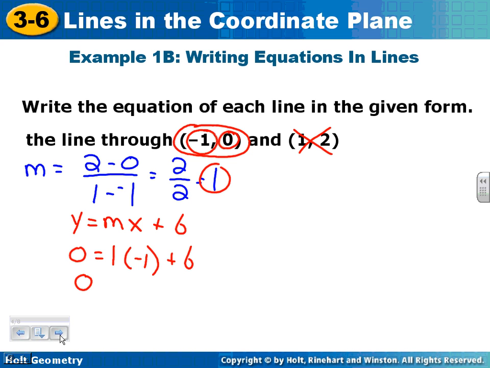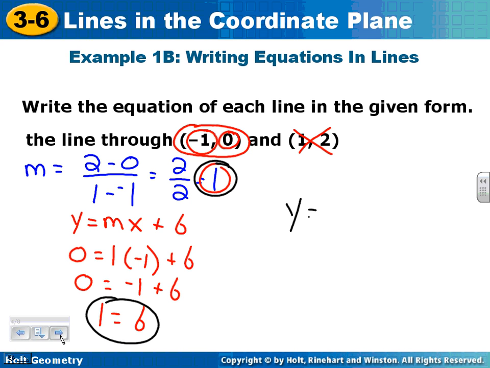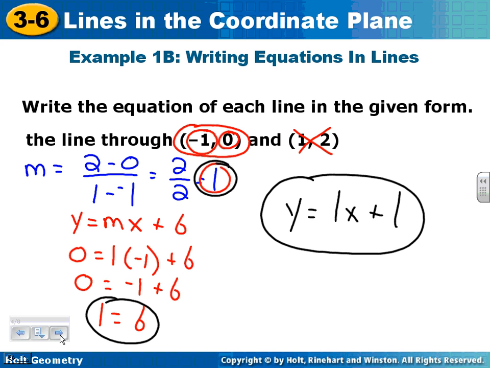So in other words, 0 is -1 plus b. Solve that by adding 1, and you get 1 equals b. So my y-intercept is this 1, and my slope is that 1. And I can write y equals 1x plus 1. And there's my equation.